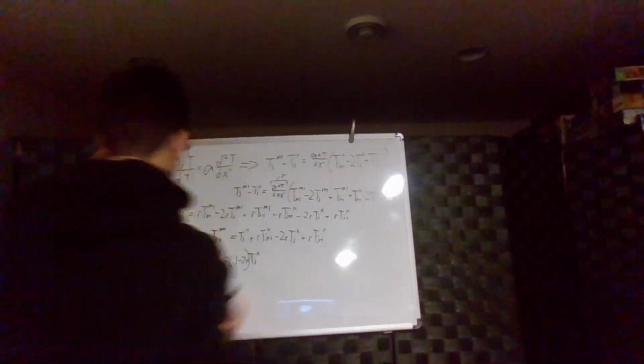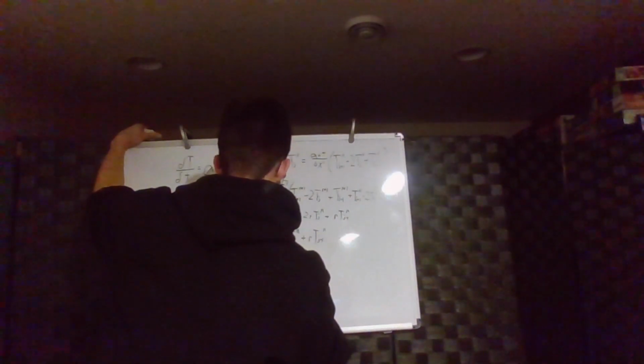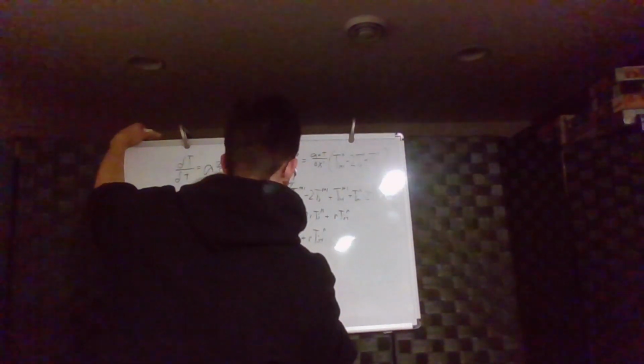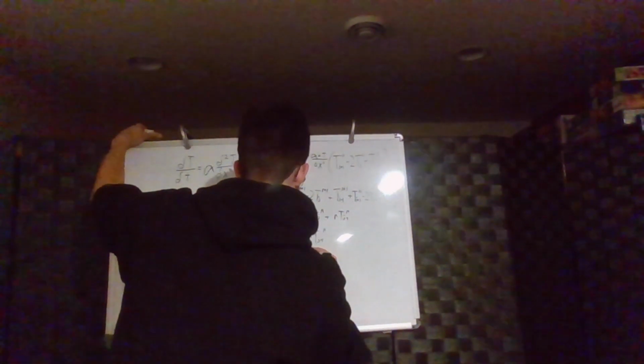So multiply by that quantity. So we took care of those two. Plus r tj plus 1 n plus r tj minus 1 to the n, temperatures to the left and to the right.